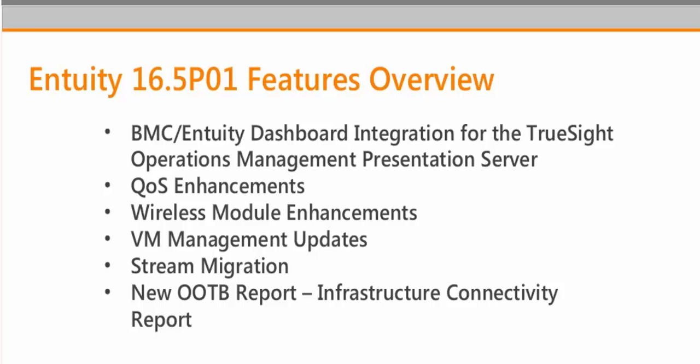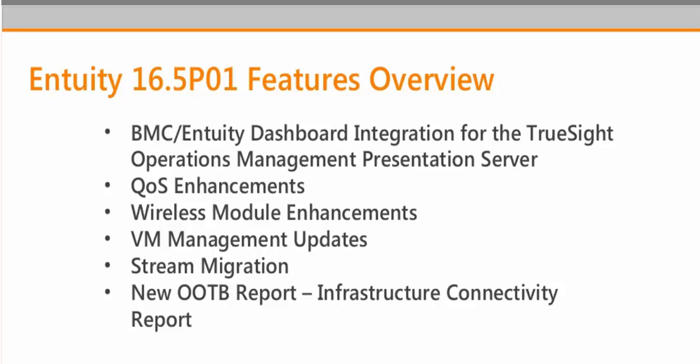So all of that monitoring of the different queues, the policing capabilities, and the other aspects of the QoS configuration is available. Previously, it was available through the Advanced tab of the Explorer in the Entuity UI. It still is.